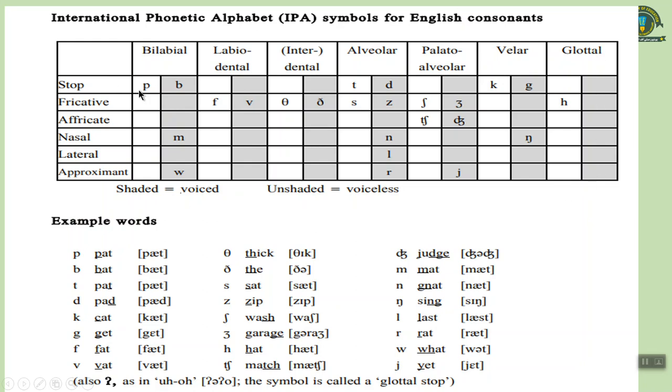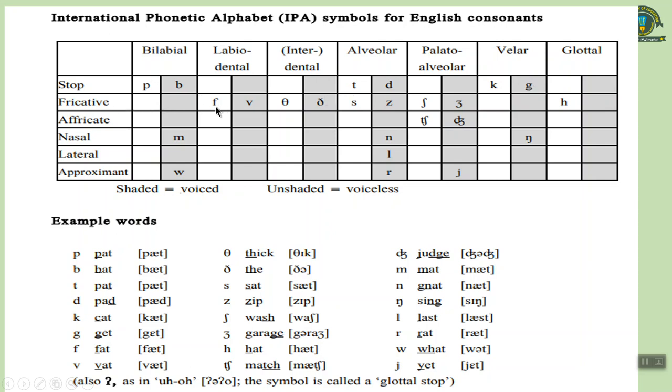So now you can see that p and b are bilabial sounds. These are pronounced with the help of two lips, and then there are t and d, alveolar sounds. So this is the category of stops or plosives, and k and g are velar sounds.